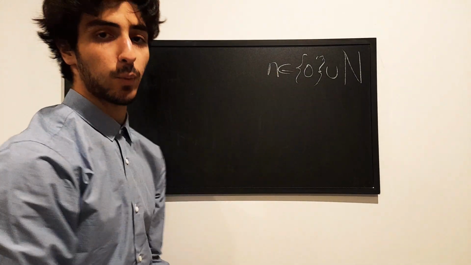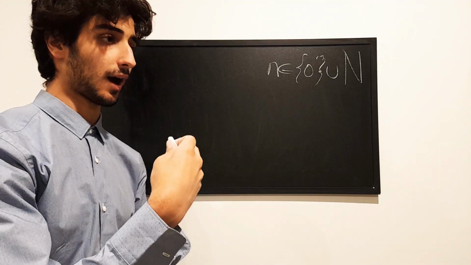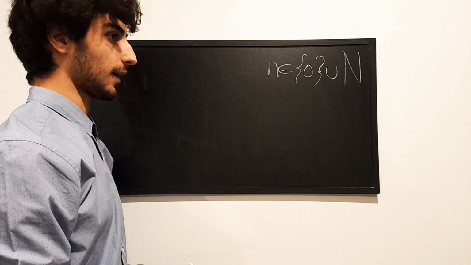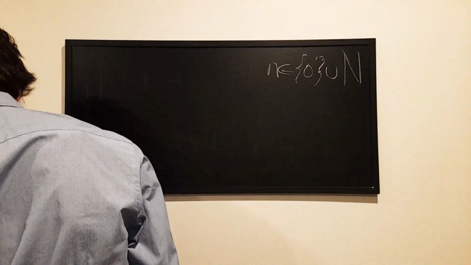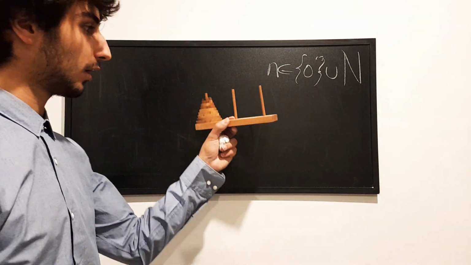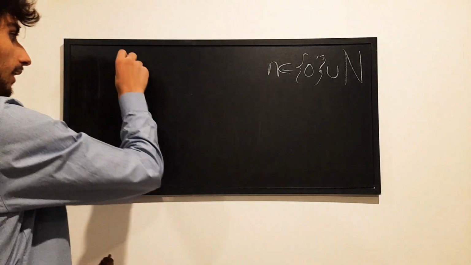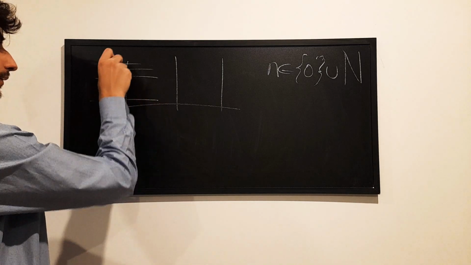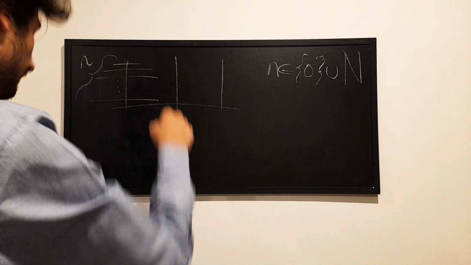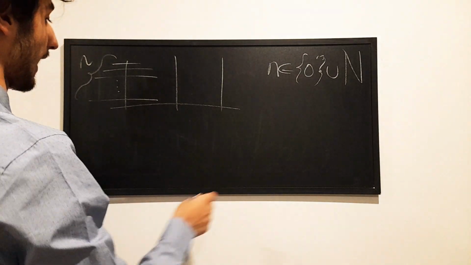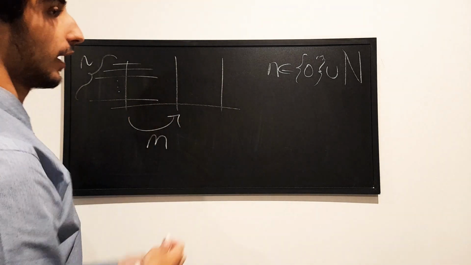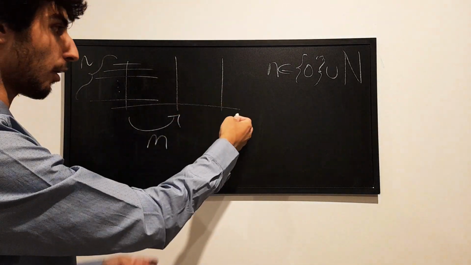Okay, so now that n is well defined, we can ascribe it to our number of disks. So I will be depicting this model onto the blackboard as follows. These will be our disks. There are n disks in total, and these will be our poles. Now suppose that it takes m moves to move n disks to an arbitrary pole, such that this pole is distinct from the original pole.